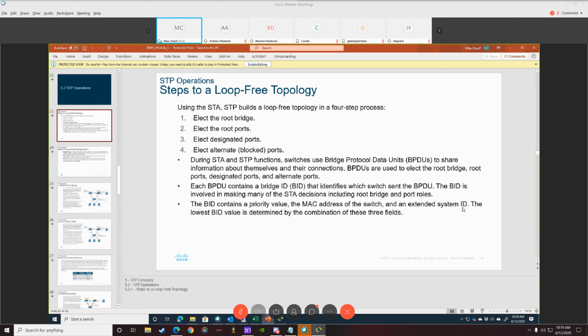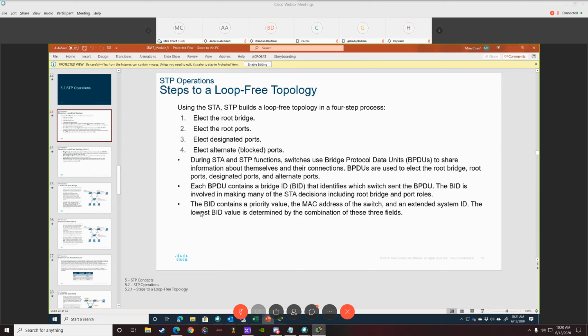So they add the VLAN ID to this value. If you're connected to VLAN 1, for example, they take 1 and add it to the priority value, which is 32768. So now the priority value is going to be 32769. Follow?